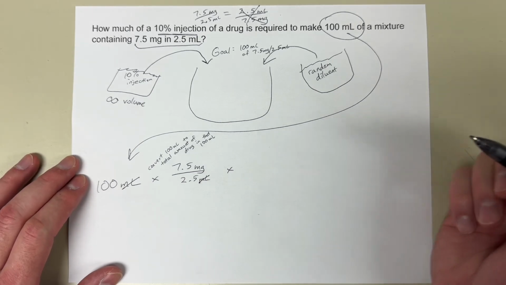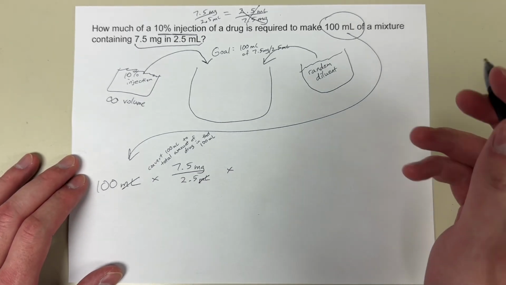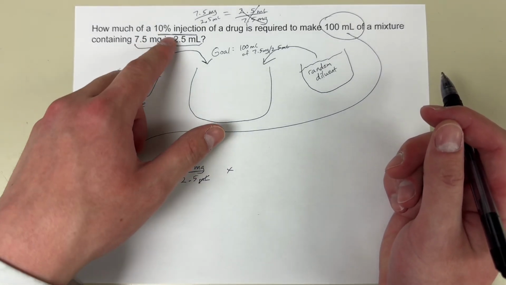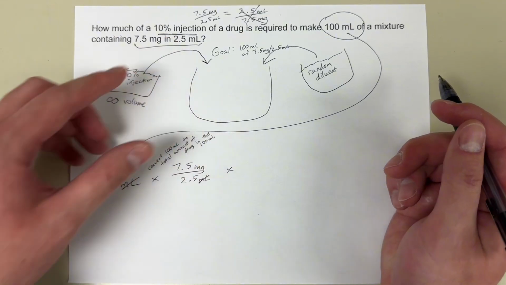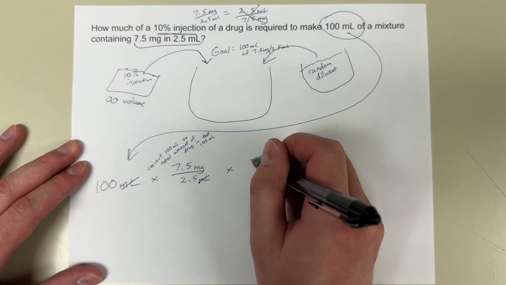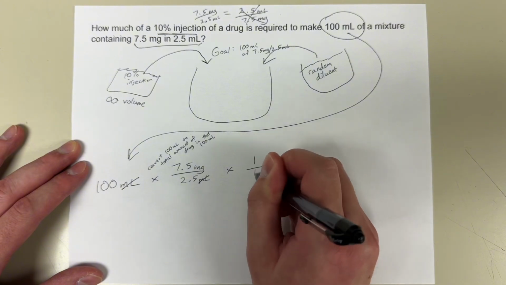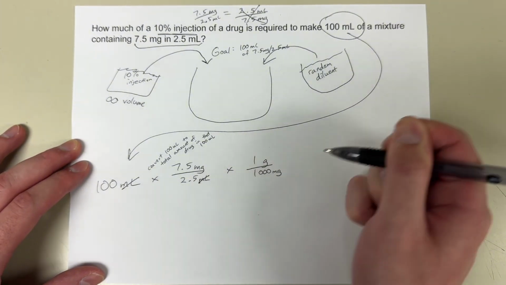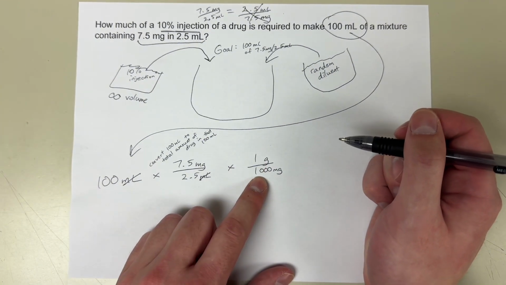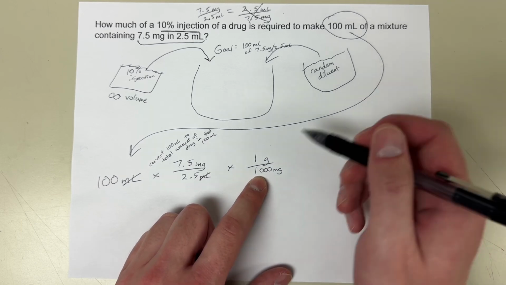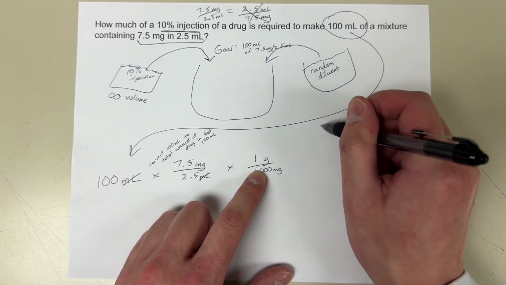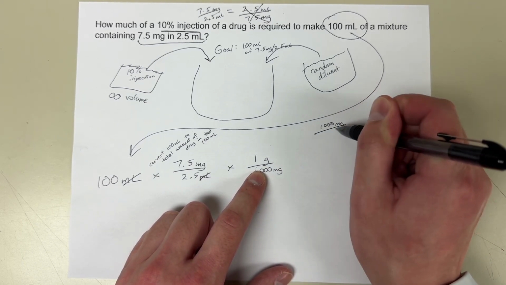So next I'm going to convert to grams. The reason why is because percent strength is in grams per 100 milliliters. And for every 1 gram, there's 1,000 milligrams. And realize I could have just written this also as 1,000 milligrams per 1 gram.